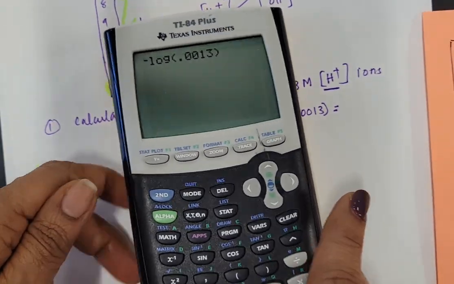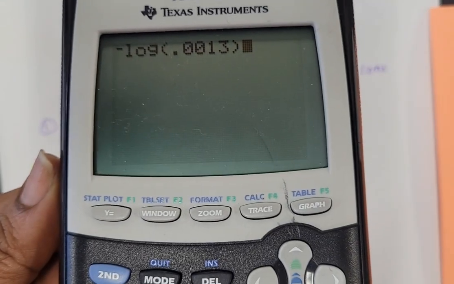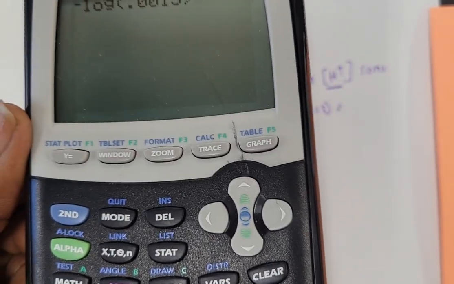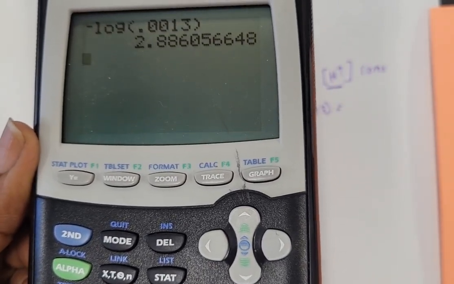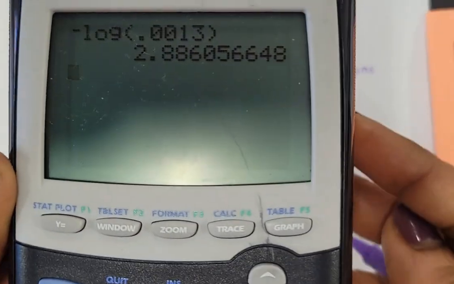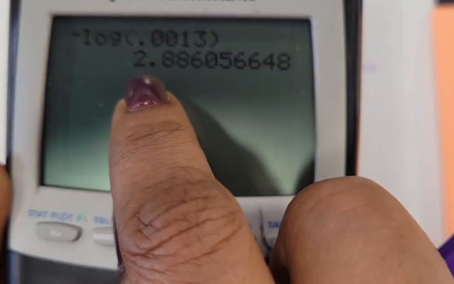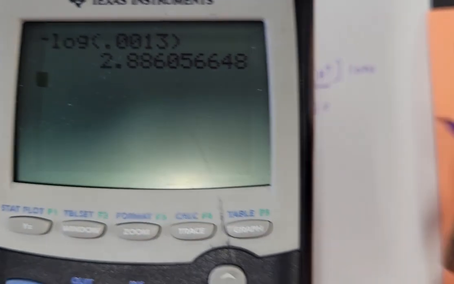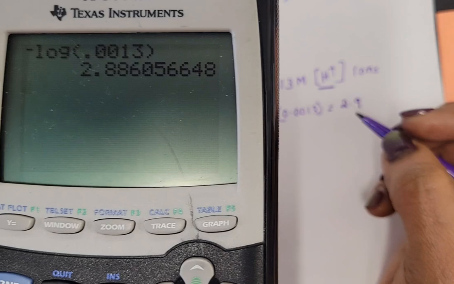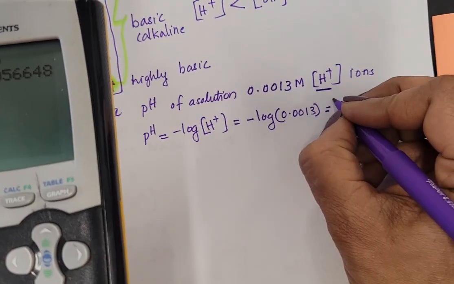So you type negative log 0.0013, then enter. You will get a number like this. As you can see, there are two sig figs, so pick the answer with two sig figs. So it is 2.9. Okay, that is your pH.